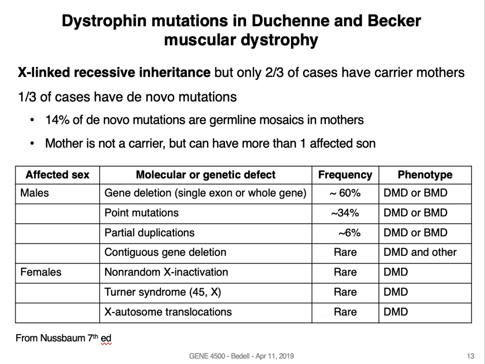But the other interesting thing is that there are several cases, and this is really interesting, and I want you to be aware of it. Again, there are de novo mutations, but there are several cases where the mom has more than one affected son, like 2 of them.